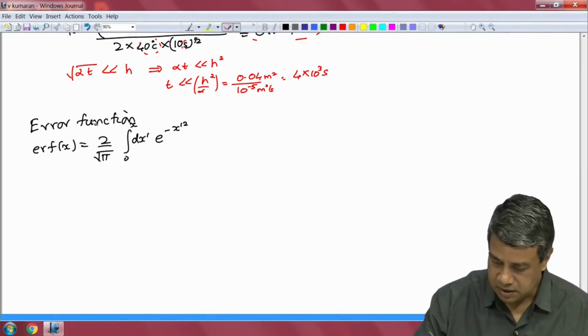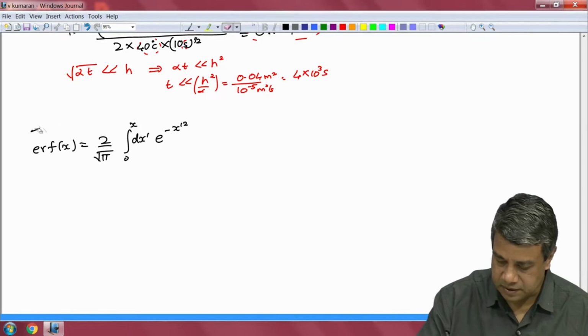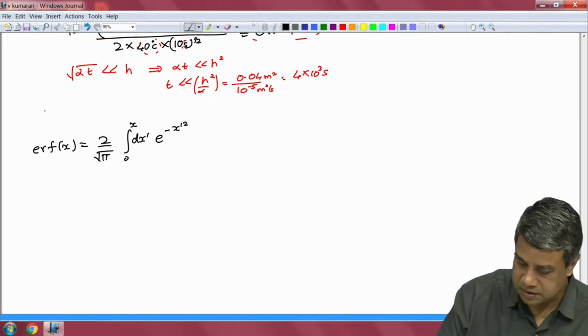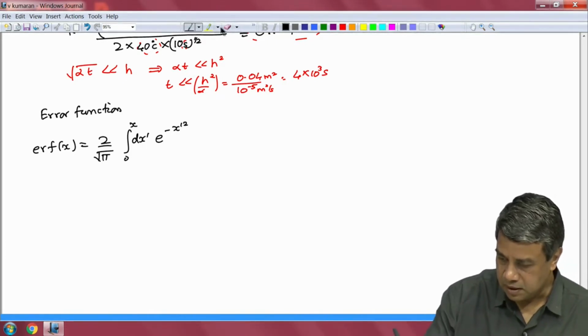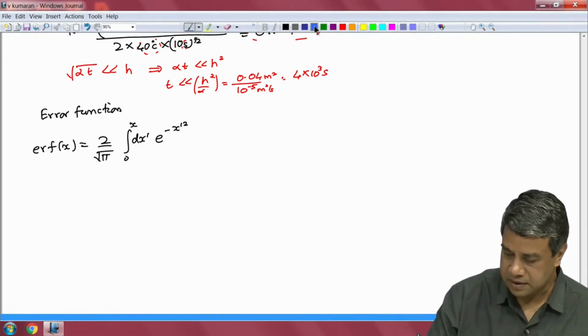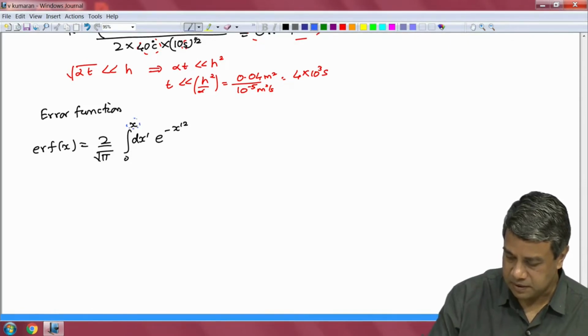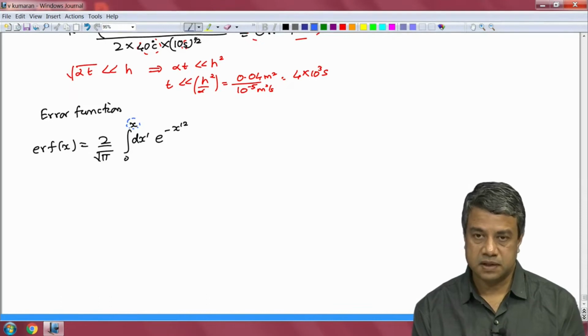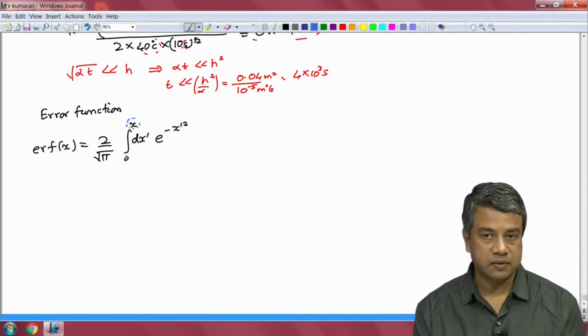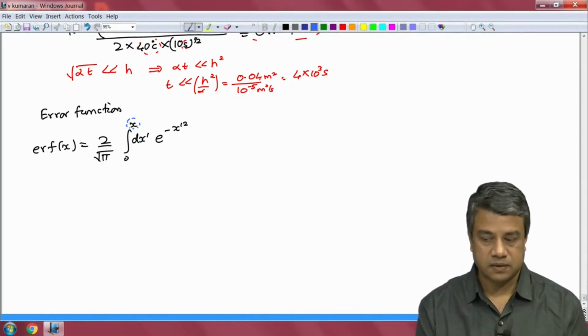And the dependence of the right side on x appears only through this upper limit of integration. So, as I said, the error function is 0 at 0 because you are integrating between 0 and 0. So, there is no area under the curve.